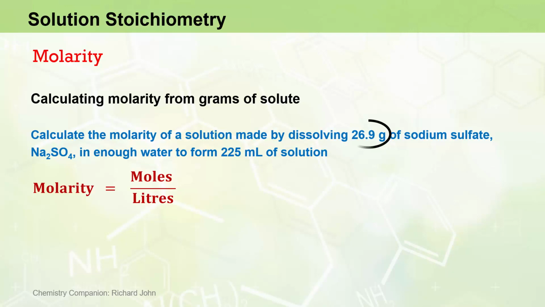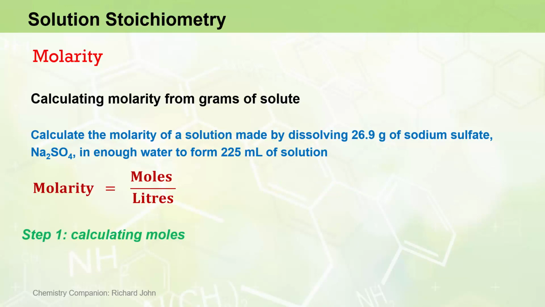It does, however, give us the mass, and we know that we can relate the mass to the moles through the molar mass equation. So 26.9 grams of sodium sulfate can be converted to moles of sodium sulfate by dividing the mass by the molar mass of sodium sulfate. We also know that the 225 milliliters can be converted to litres of solution by using our unit conversion approaches. And so we're going to have to do both these steps in order to calculate the molarity of this solution.